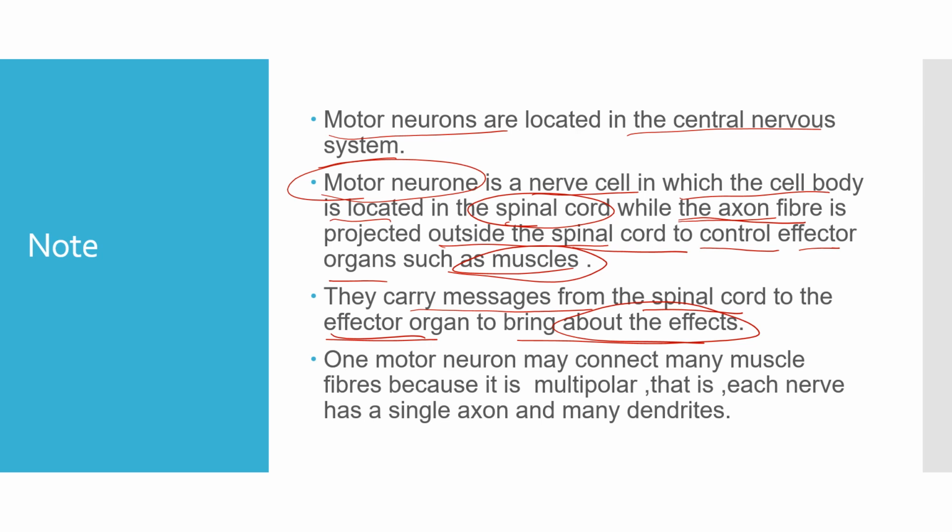If the lower part of the spinal cord is affected, all the lower body muscles get weakened or paralyzed, because the cell body located in the spinal cord has been damaged, and the axon fibers connected to that cell body have also been damaged. So the effector organ or the muscle to which the impulse was being carried is not working properly.